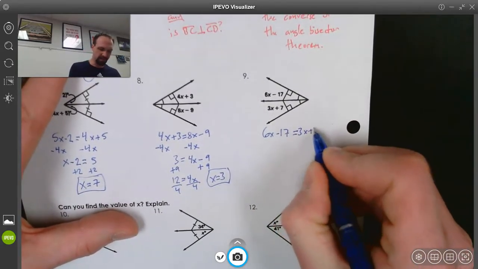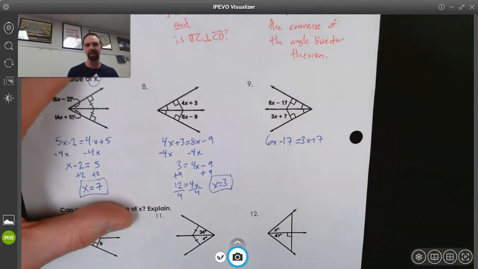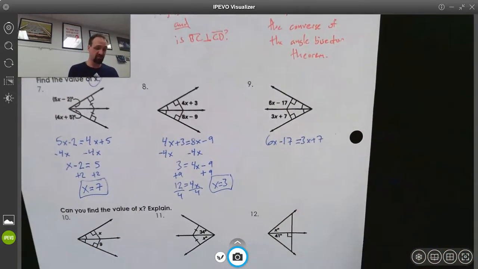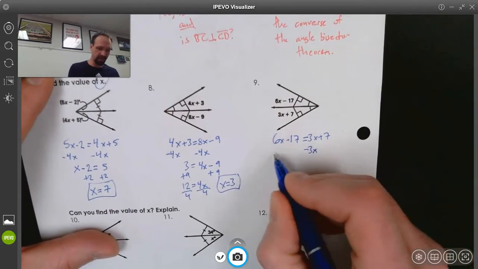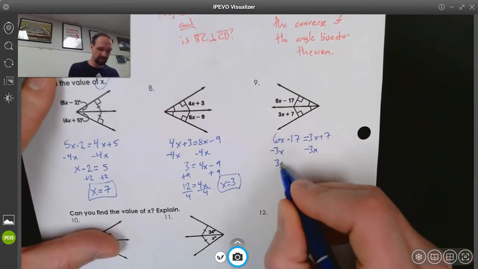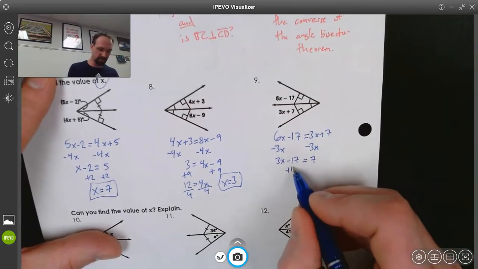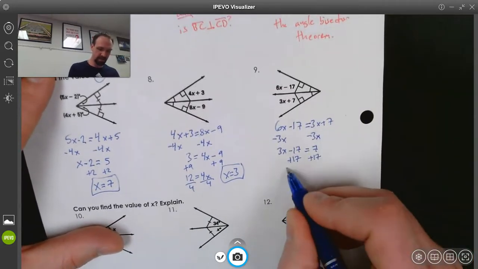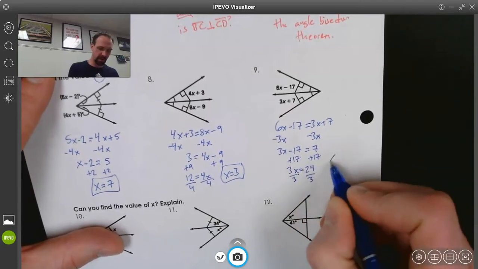I normally put down like AB equals CD, but I'm not doing that because there's no markings on this. It doesn't say what the different points are. So that's why I'm not including that. But I normally do. 7, add 17. So I get 3x equals 24. Divide by 3 and you get x equals 8.